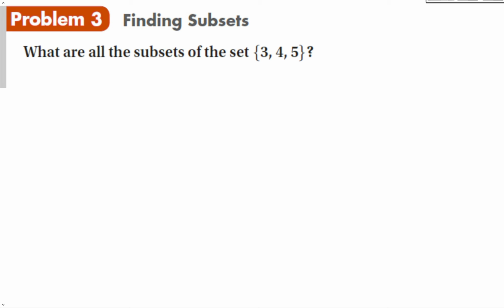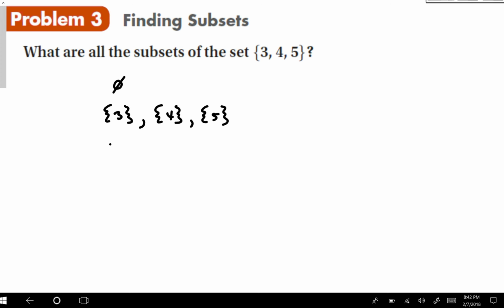So, what are all the subsets of 3, 4, 5? So first, we have the empty set. Next, let's list every subset with one element. So my first set is 3, then 4, one element set, then 5. So those are all my subsets with one element. Let's list the subsets with 2 elements.